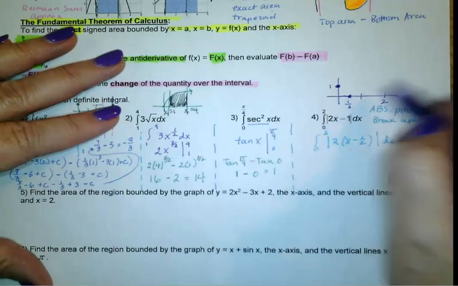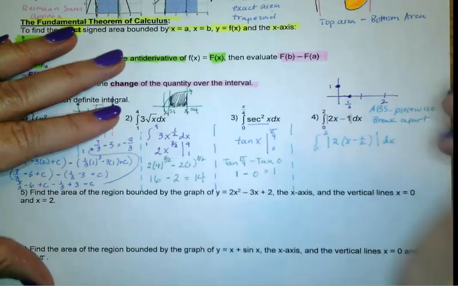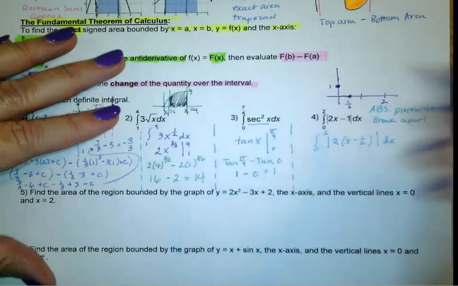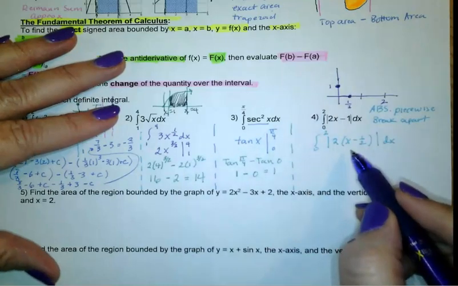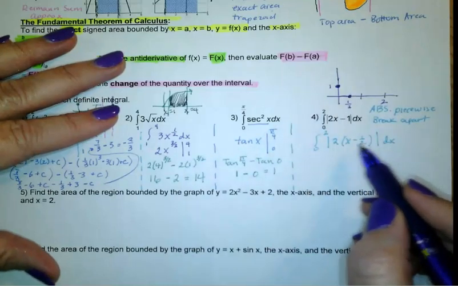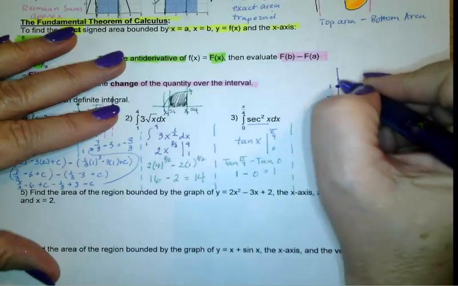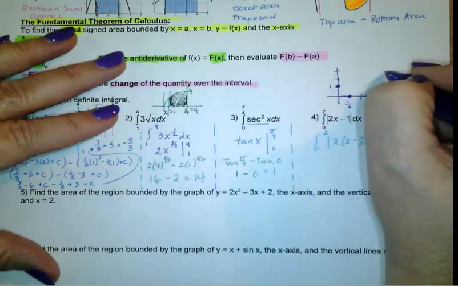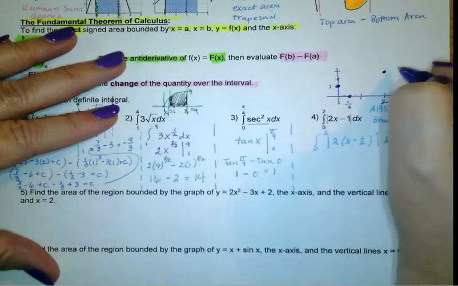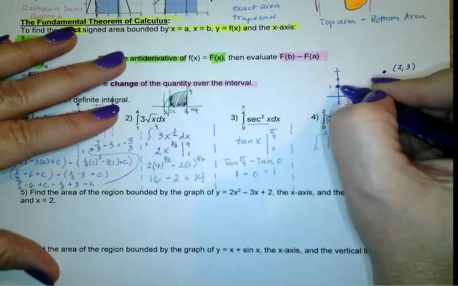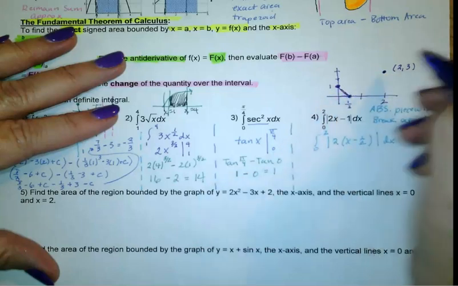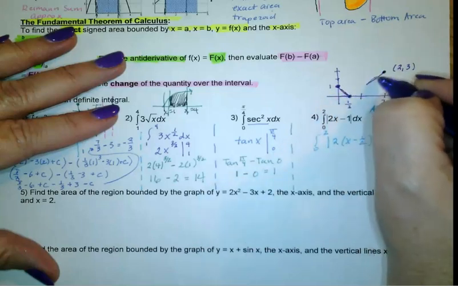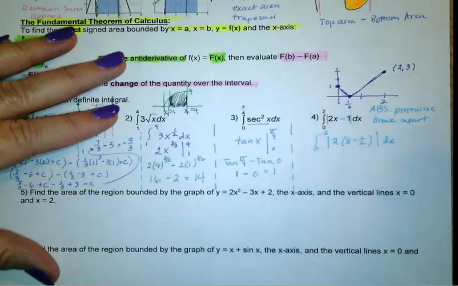So remember, my graph has stopped here, and I need to know how far up this is going to go. So I put my 2 in here, and I do 2 minus 1/2 times 2, and that puts me at 1, 2, 3. So that puts me up here at the point 2, 3. So now if I connect these dots, I have this one going here, and I have this one coming in right here.